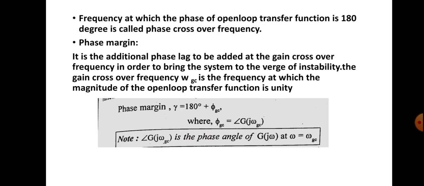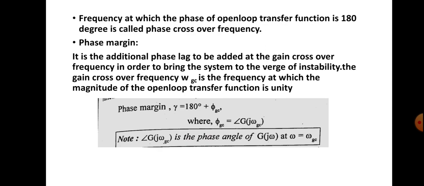The next frequency domain specification is phase margin, denoted by the letter gamma. It is the additional phase lag that is to be added at the gain crossover frequency in order to bring the system to the verge of instability.